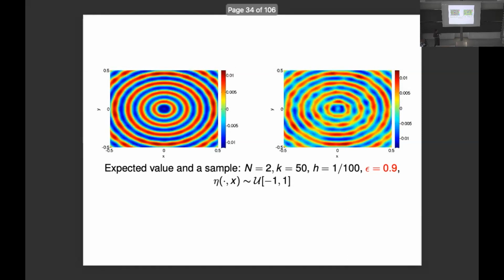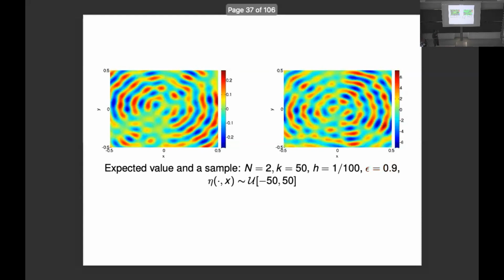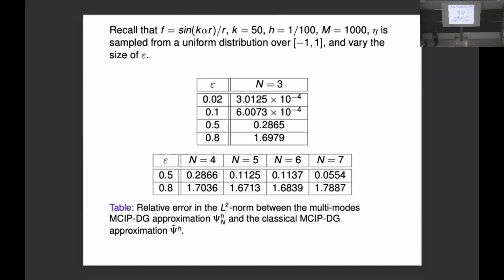Let's go to the graph. See here, for H, the same as before, you have 3 modes, and the error is not good anymore. You want to say, oh, maybe I want to add more modes, to see if it improves. And it turns out, for 8, it does not improve. It means epsilon is large, and it's not converging.